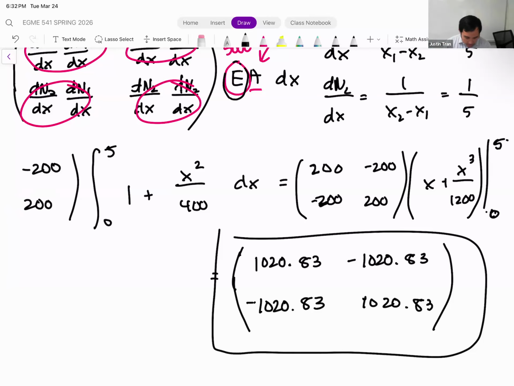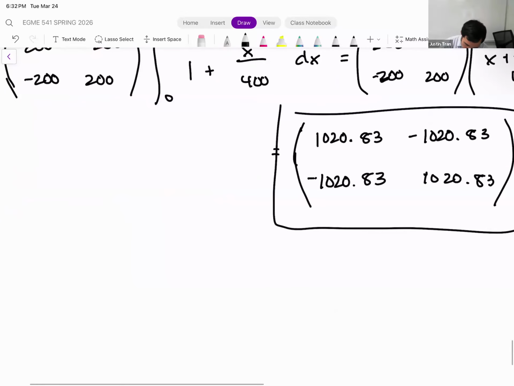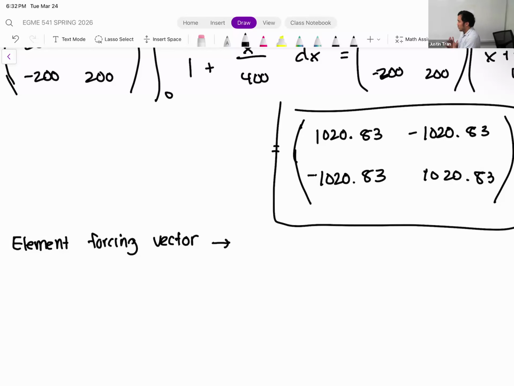Okay. All right. So that is the element stiffness matrix for element 1. Now let's do the element forcing vector. Okay, so remember the element forcing vector in general has 2 contributions. We have one contribution from the body force. That's always going to be present if you have a body forcing term, so there's no decision making there.